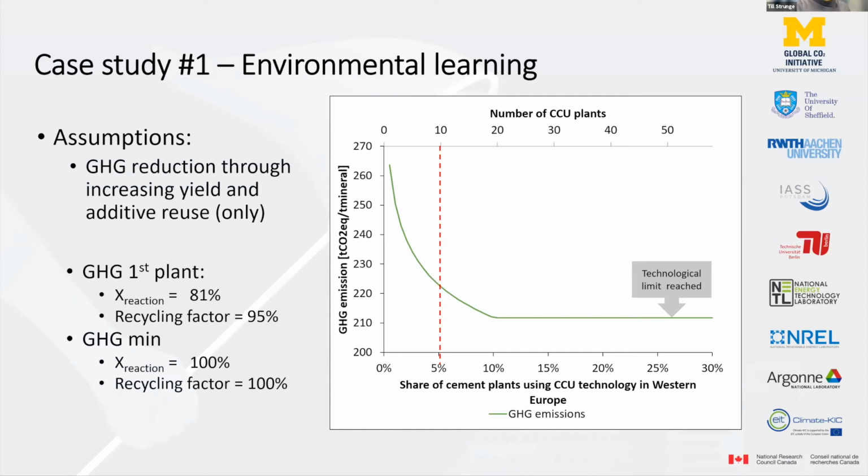The difficulty that we have found here is especially finding the right learning rate. So we assumed that the learning will be equivalent to the learning that we have on the CapEx, and that is one of the most difficult things we found here. We are very happy to hear your thoughts, especially on the environmental learning. And with this, I will give it to Moni to present the other case study that we did.